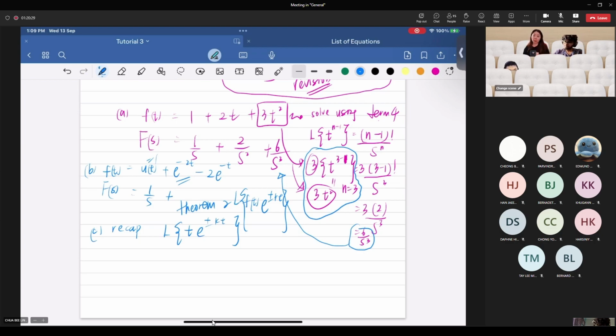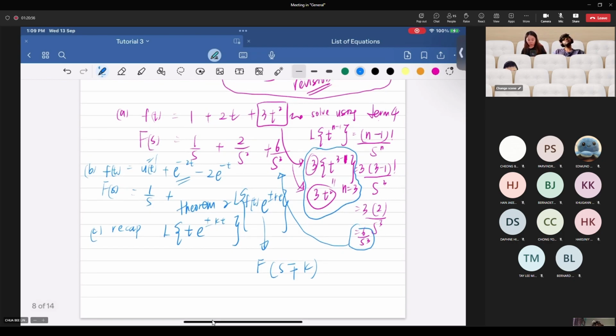Any function of t multiplied with an exponential term. So when you have this, the solution of this will be F(s). The answer will be F, then you reverse the plus minus and then k. So this is theorem 2.